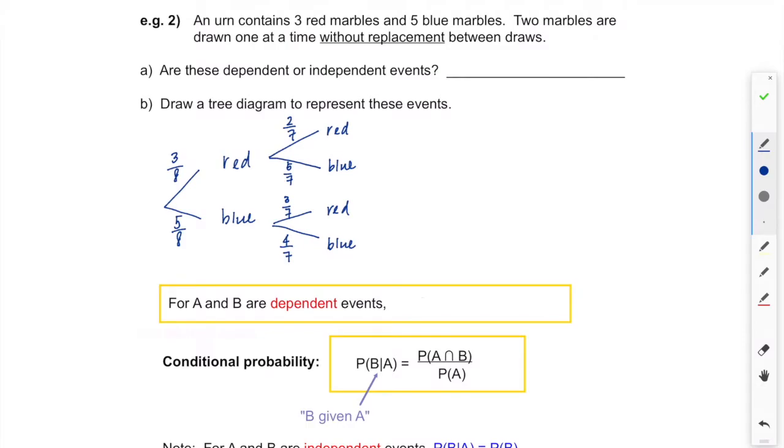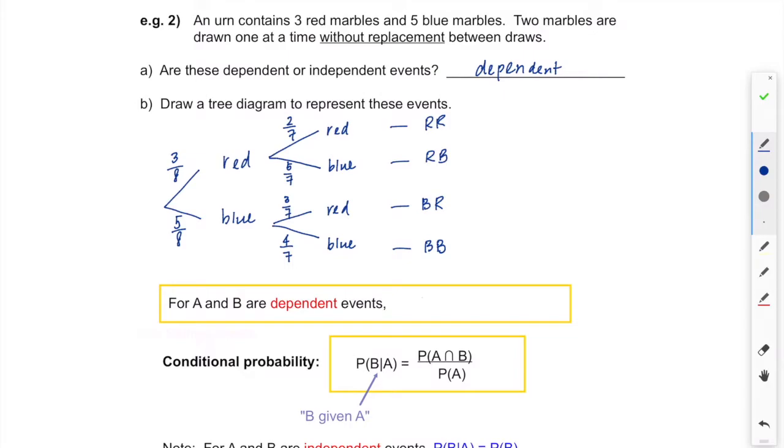Okay, so the outcomes here are red, red, red, blue, blue, red, and blue, blue. Because of this, it's quite clear that these are dependent events. Okay, let's calculate the probability of getting each event.